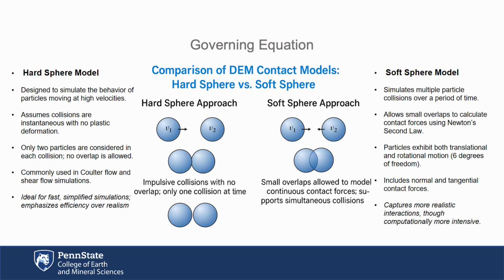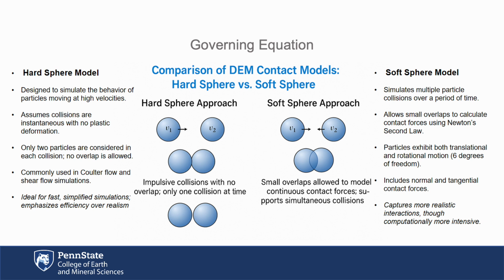Now the soft sphere model is more advanced and more realistic. It still treats particles as rigid, but it allows a little bit of overlap. That small overlap is used to calculate the force between the particles. This includes normal forces, tangential forces, and even non-contact forces like gravity or cohesion.